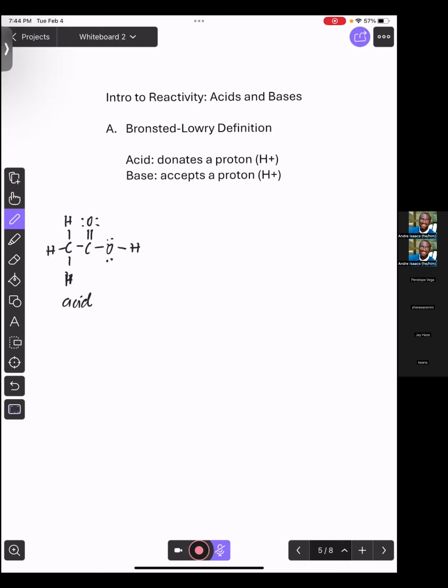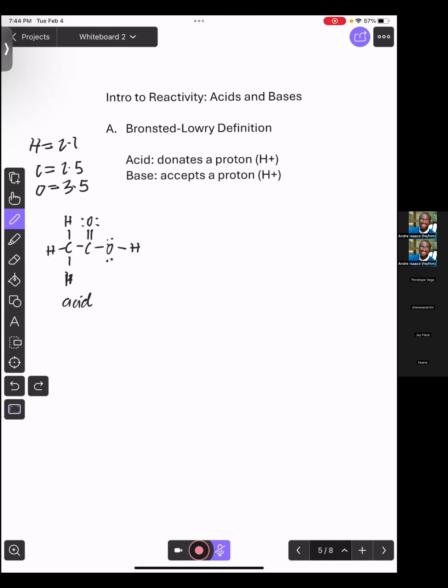Meanwhile, carbon and hydrogen, their electronegativities are very similar. If you look at the values, the electronegativity for hydrogen is about 2.1, carbon is about 2.5, oxygen is about 3.5. So hydrogen and carbon, they have a similar electronegativity, which means neither of them are really pulling the electrons from each other.